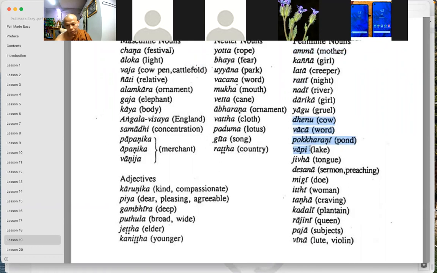Okay, so they are also the same as itthi actually. But some nouns ending in the i, like the pokkharani, and the migi, and the kadali, rajini, they are the same as nadi in this way.